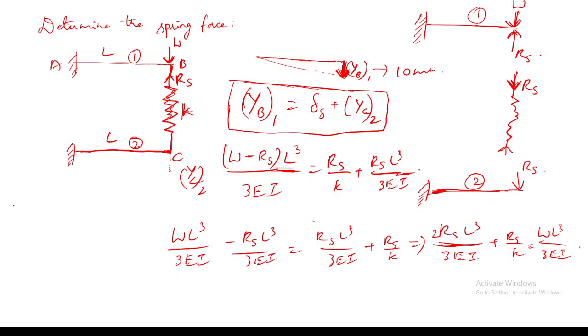So it will be RS into (2L cube divided by 3EI plus 1 by K) equal to WL cube divided by 3EI.